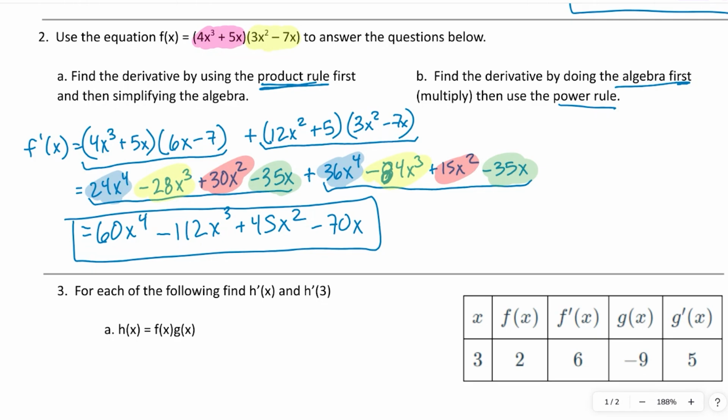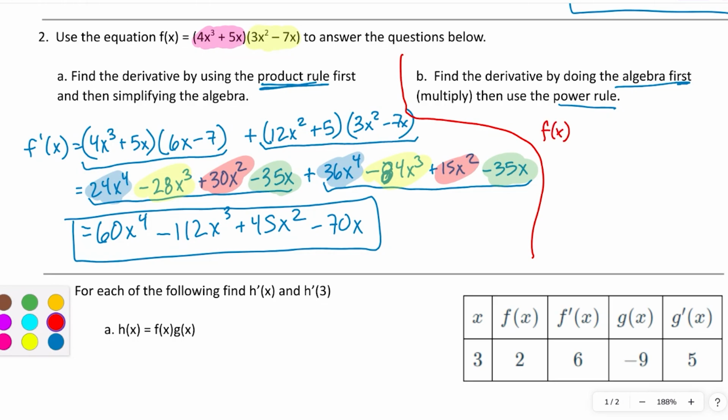So let's see how this might be different. Maybe I'll use a different color here to partition these. How would this be different if we actually did the multiplication first and then did the differentiation using the power rule? So first I'm going to multiply those two binomials together.